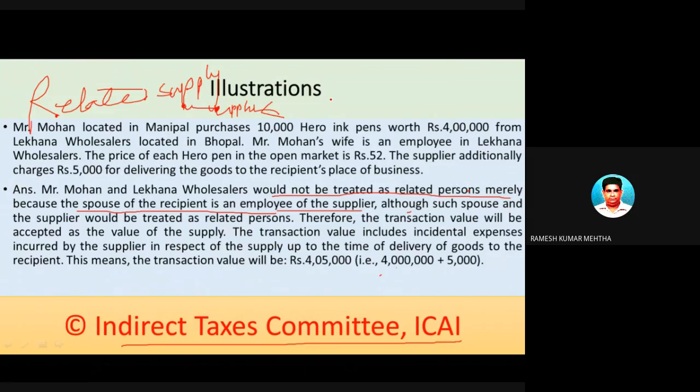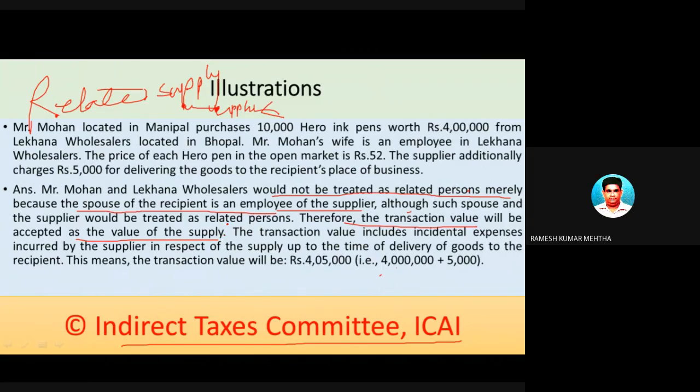It will fall under the category where the supplier and the recipient of supply of goods or services are unrelated to each other. Hence, we can state that the transaction value will be accepted as the value of the goods.